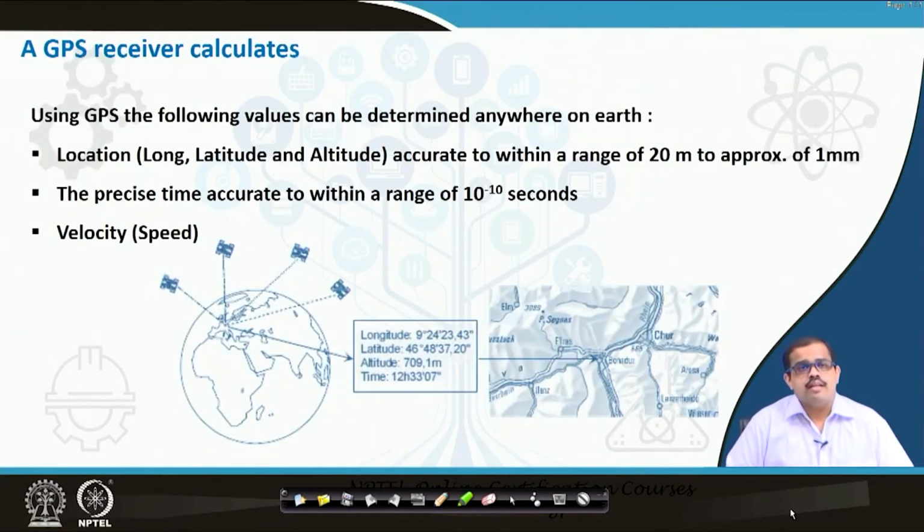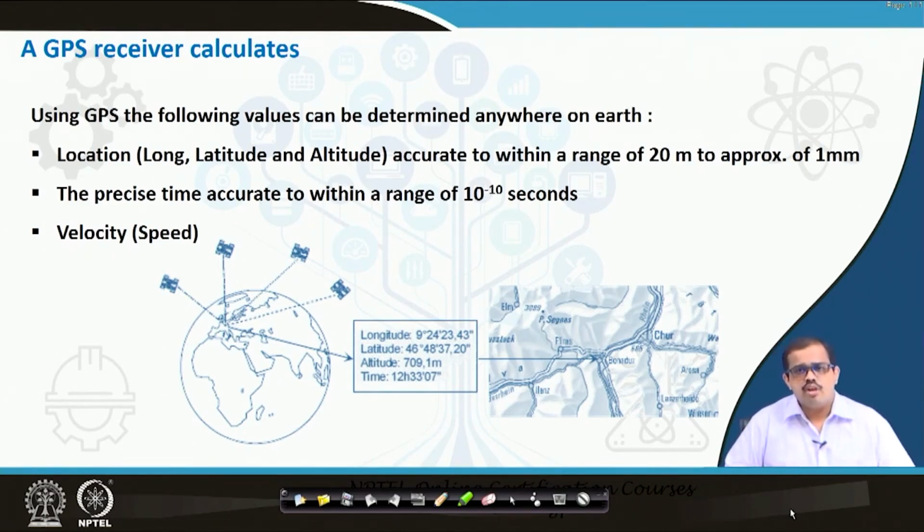Many of you would have seen a normal GPS system by itself, or would have used GPS in your mobile phones. These GPS systems determine basically 4 values anywhere on the earth. The first thing it looks at is latitude, longitude, and the next thing is altitude.